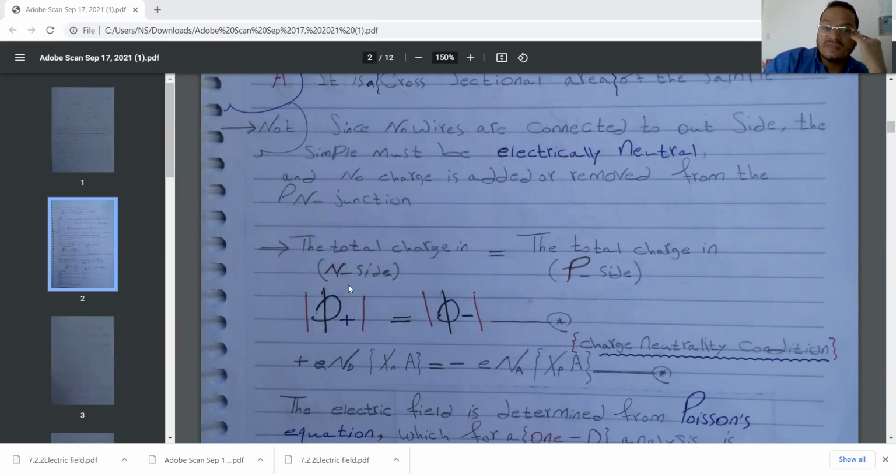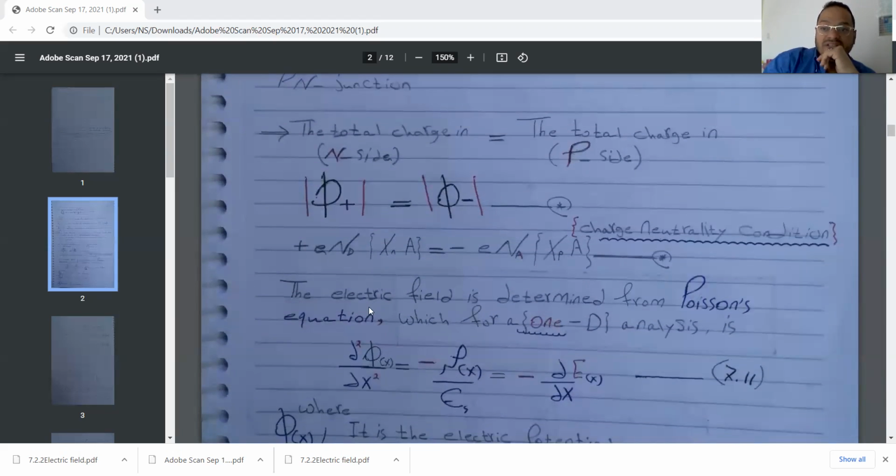That means the absolute value of the charge at the n side equals the absolute value of the charge at the p side. Here, at the neutrality condition, that means we just put the results of the last equations here.